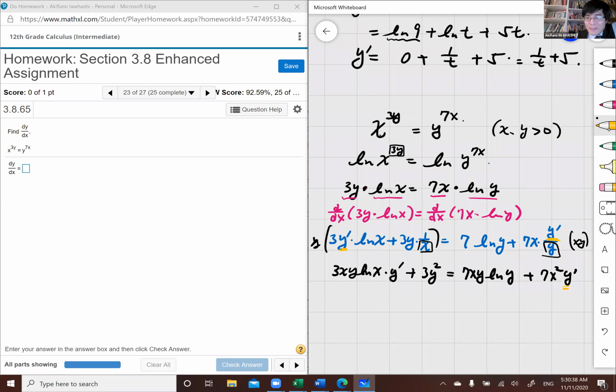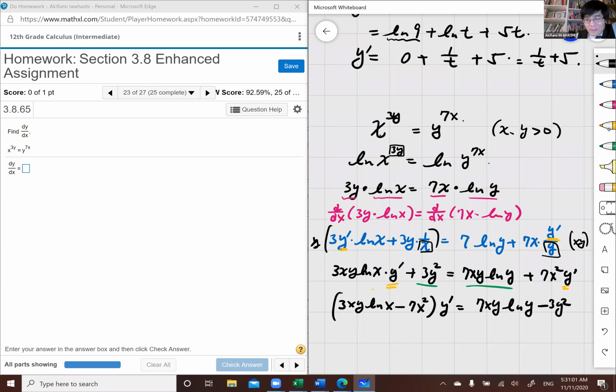Now this is y dash, this is y dash. So bring this one to the left side and bring the other stuff to the right side. You're going to get 3xy ln x minus 7x squared times y dash is equal to 7xy ln y minus 3y squared.